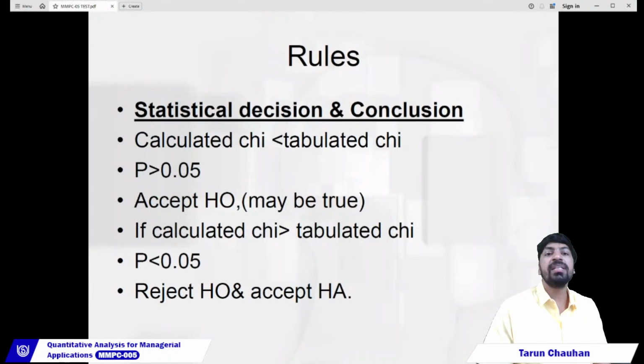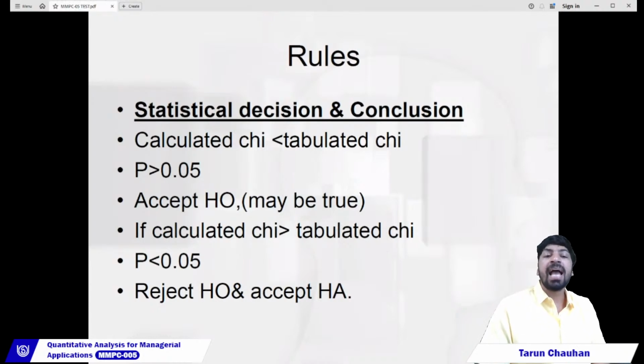The first one is the statistical decision, and then accordingly we conclude the statement. That is called the null hypothesis statement. For the calculated chi-square value, there is a formula which has been shown in the earlier slides. If a researcher uses that formula, whatever value comes is called the calculated chi-square value.